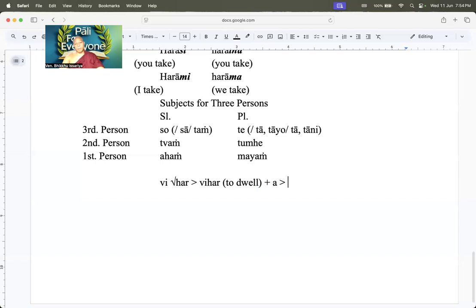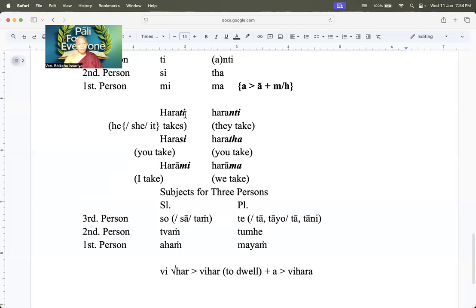So now the base form is we hara. Okay, we hara. By adding the same endings, so here haradi, harandi. So we haradi, we harandi, harasi, harata, harami, harama.